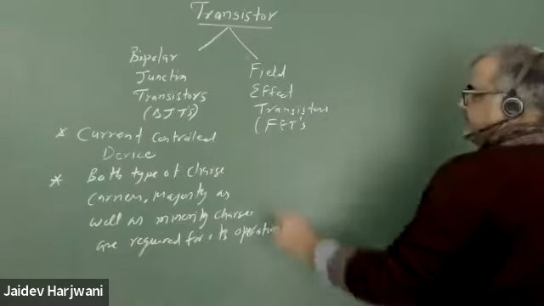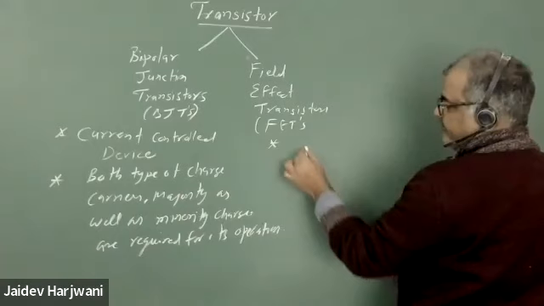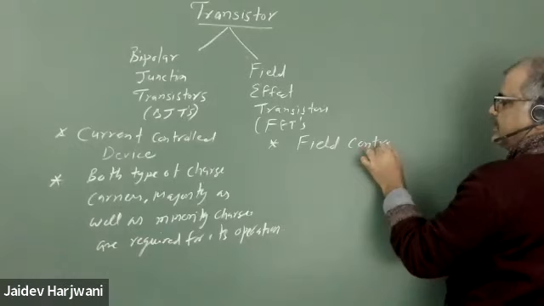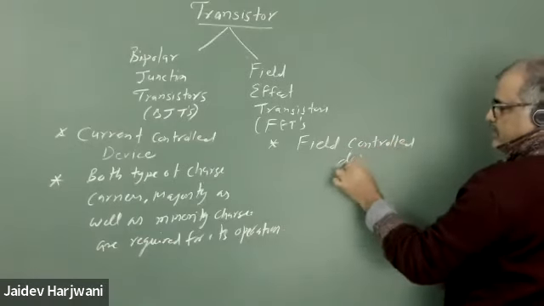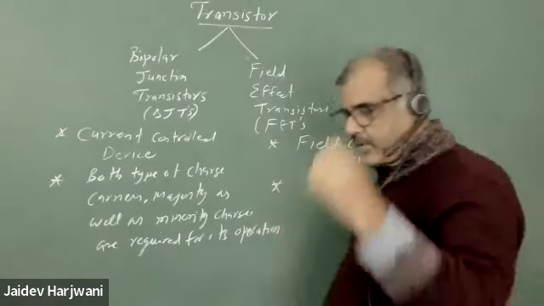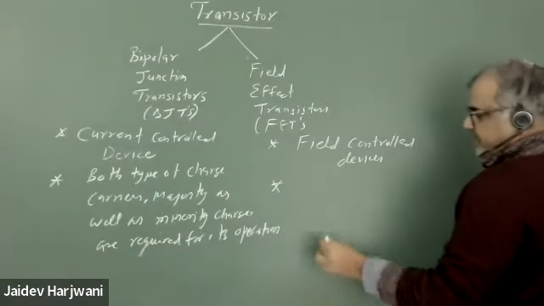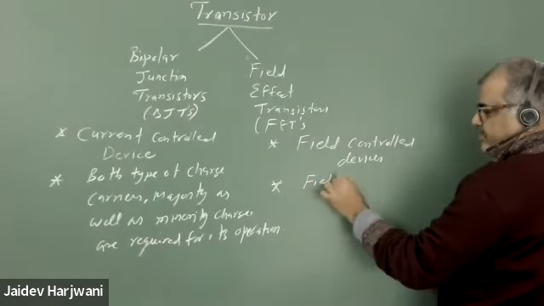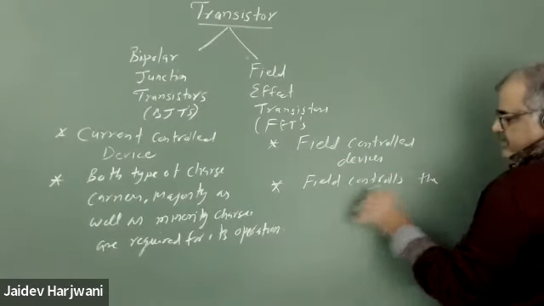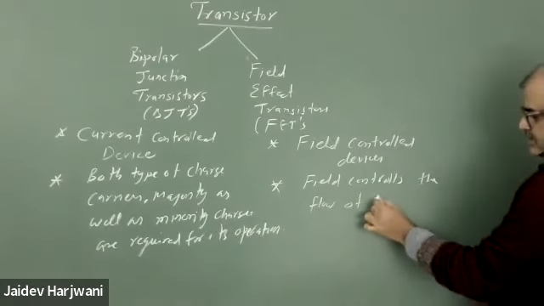While if you take a field effect transistor, these are basically field control devices, and these are also unipolar transistors. That means only the field controls the flow of majority charge carriers.